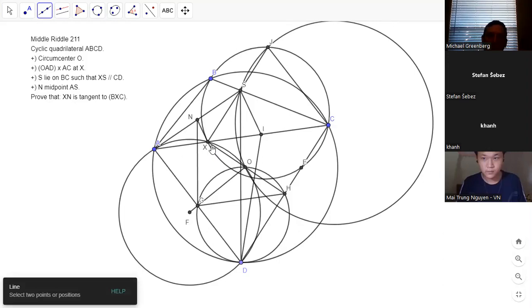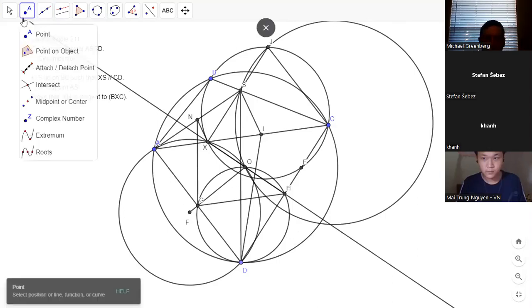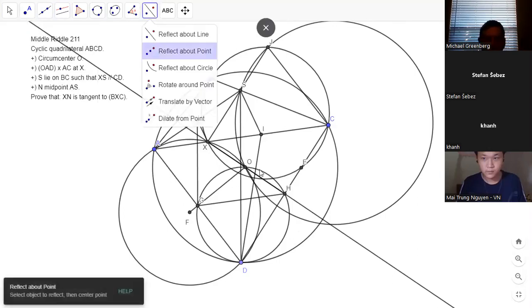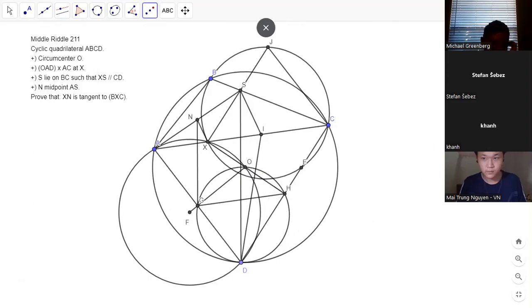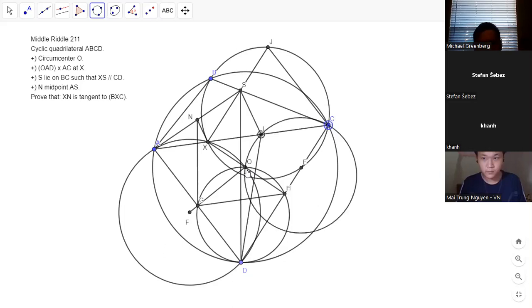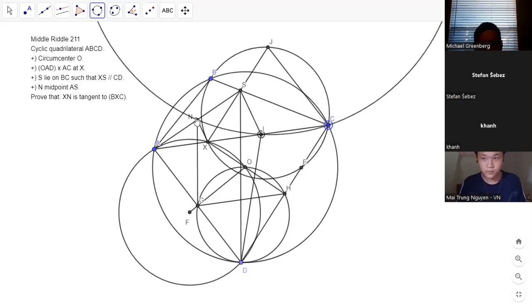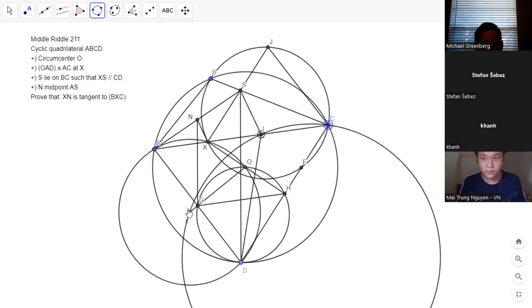I guess since XO is perpendicular to CB, maybe this one would be good because, not necessarily.